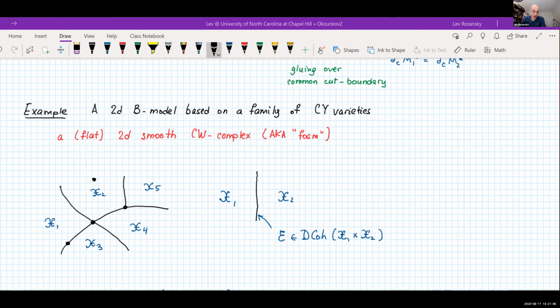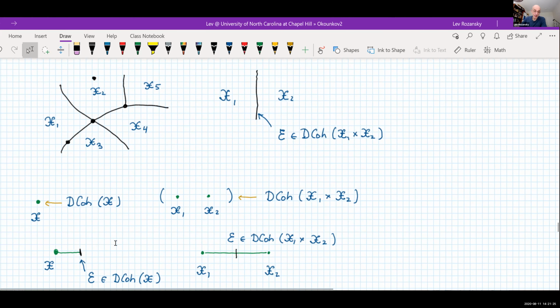So the regions are colored by these Calabi-Yau varieties, and the lines separating them are colored by sheaves or complexes of sheaves on the products of these varieties. And how to color dots, we will see in a moment.